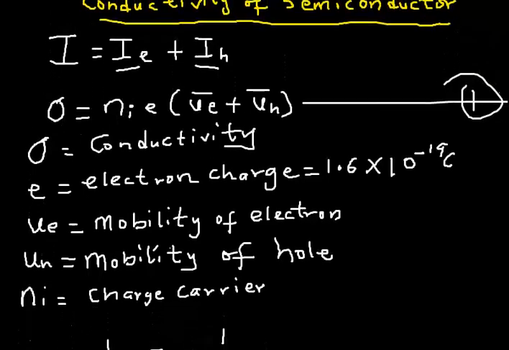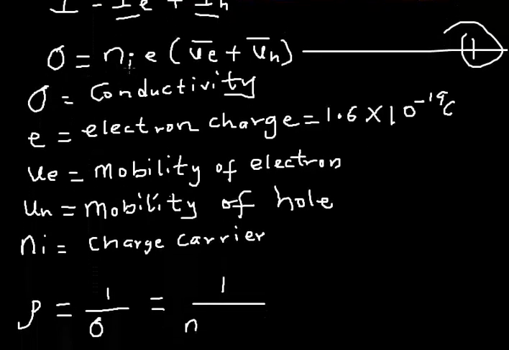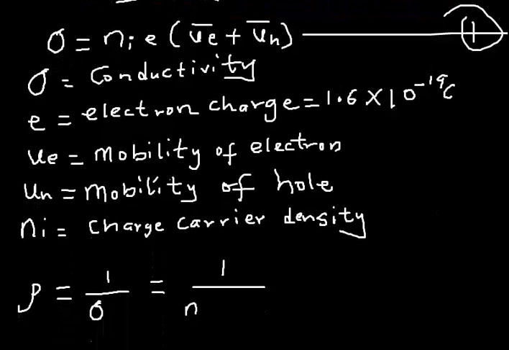That's why you see me using i here. So this is the intrinsic charge carrier density, or the concentration of charge carriers of an intrinsic semiconductor in its pure form. For a pure semiconductor, the charge carriers are holes and electrons. I hope that is well understood.